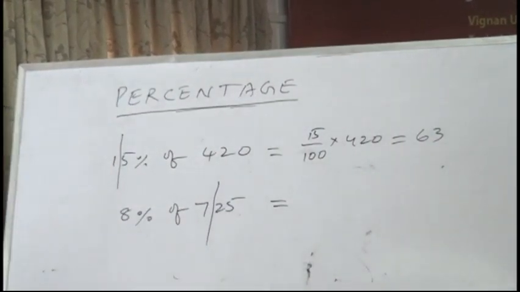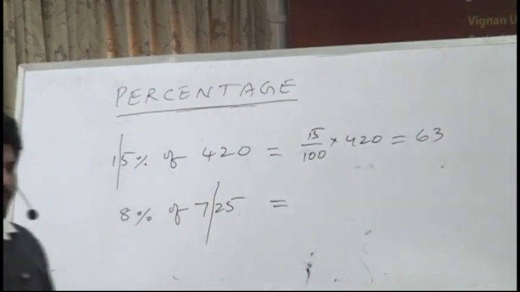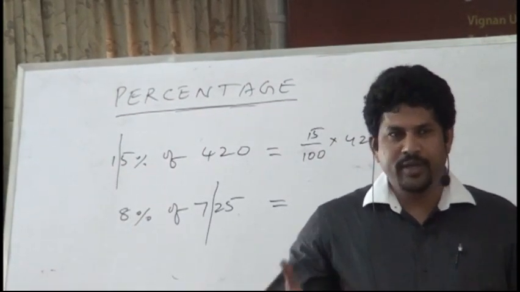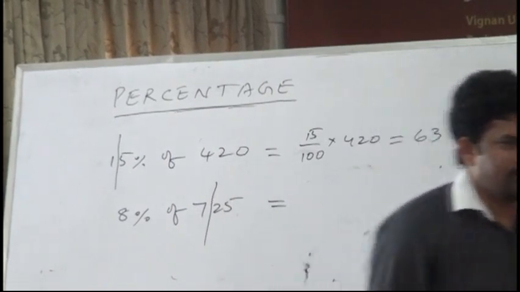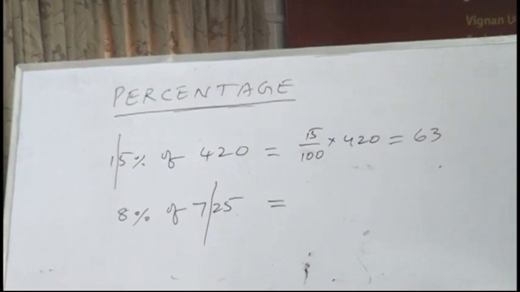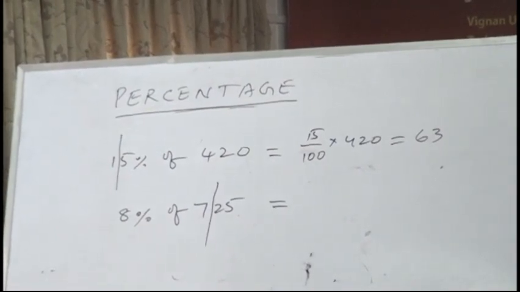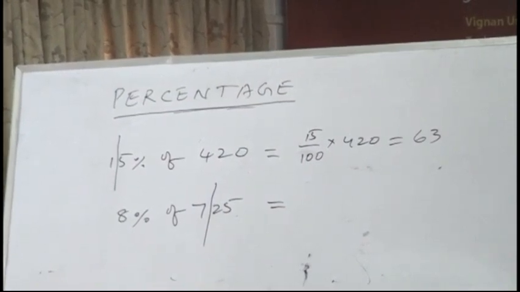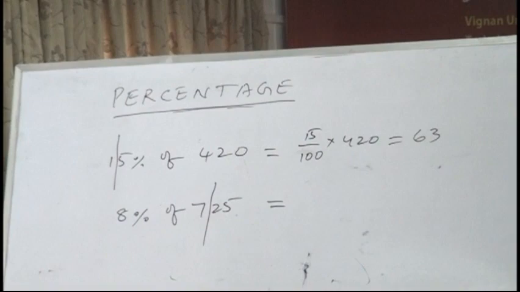What is 8% of 100? 8. 8% of 700? 8% of 100 is 8. 8% of 700 is 7 times 8. 7 8s are 56. 8% of 25? You don't know.